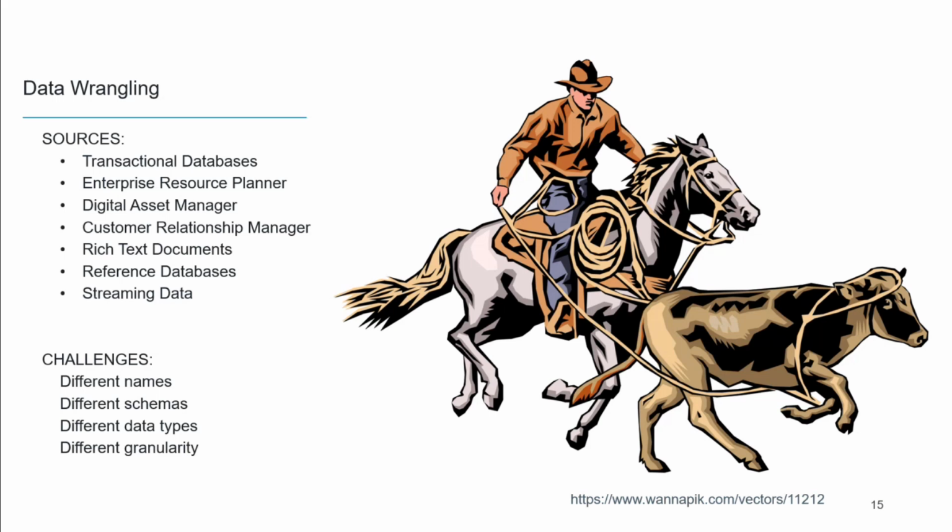So on one hand, you have something being tracked in minutes. On the other hand, you have something being tracked in hours. And you'll need to transform, again, one or both of those data sources so that they now have a consistent level of granularity. So those are some of the challenges that can come with data wrangling, of taking all of these different sources together, bringing them together to do your data analysis.